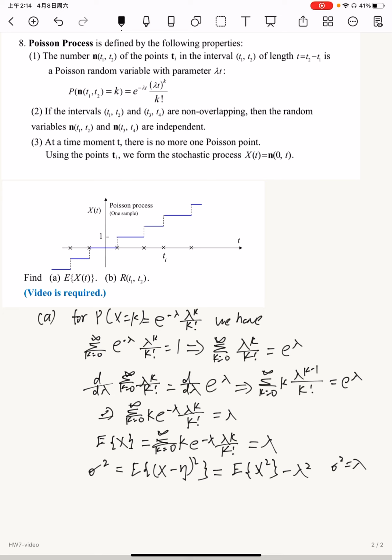And then for problem B, we know firstly for t2 greater than or equal to t1, x(t2) minus x(t1), and x(t1) minus x(0), which are independent.